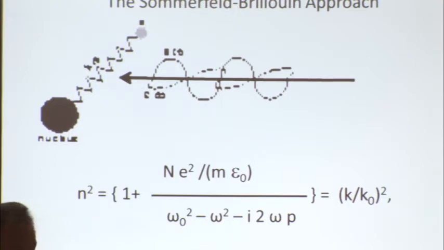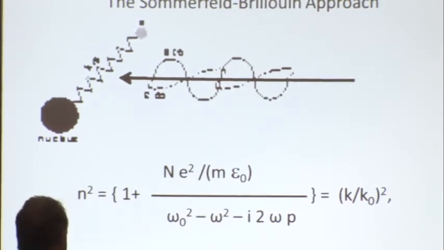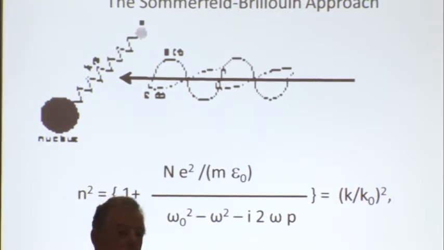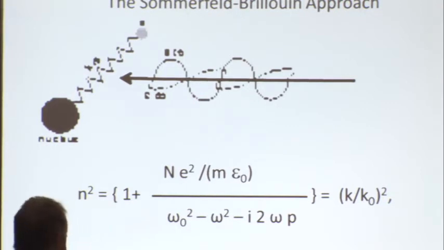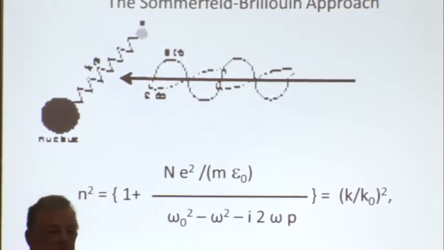And at that time, some years later, Sommerfeld and Brillouin made an approach to show the several types of velocity. They used the so-called Lorentz oscillator.